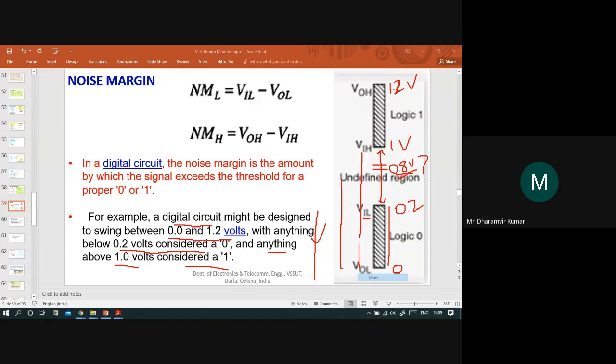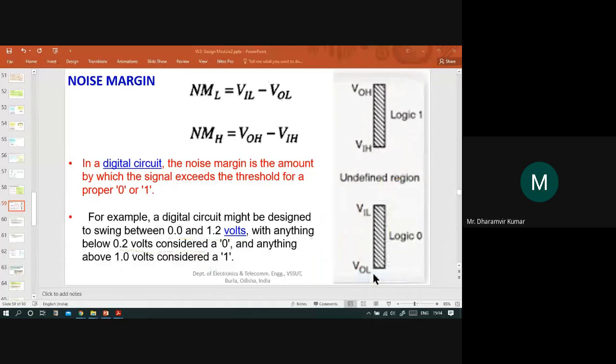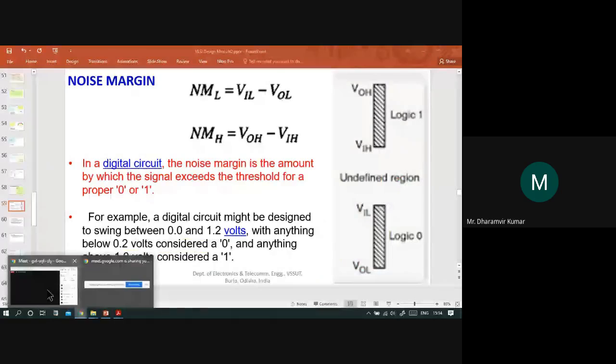So this will depend on the application, what kind of application you are trying to build the circuit for. But these fundamental things should be clear in the starting.